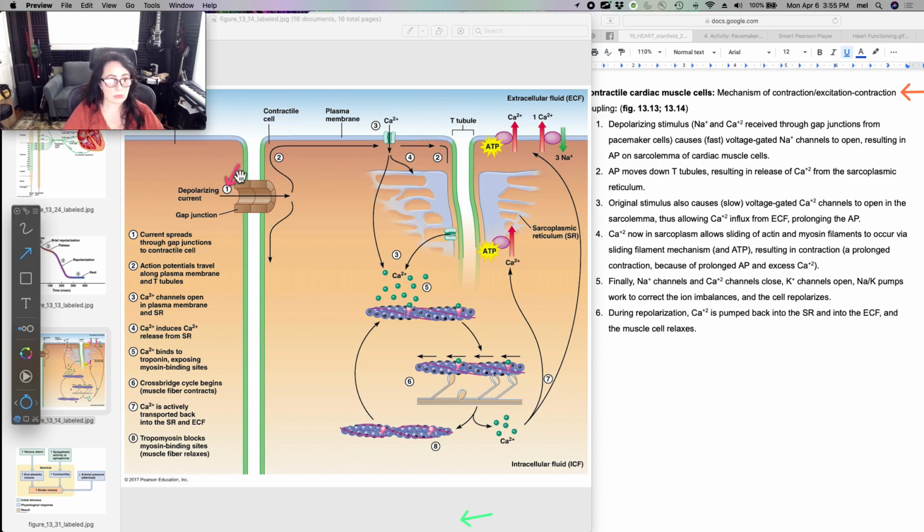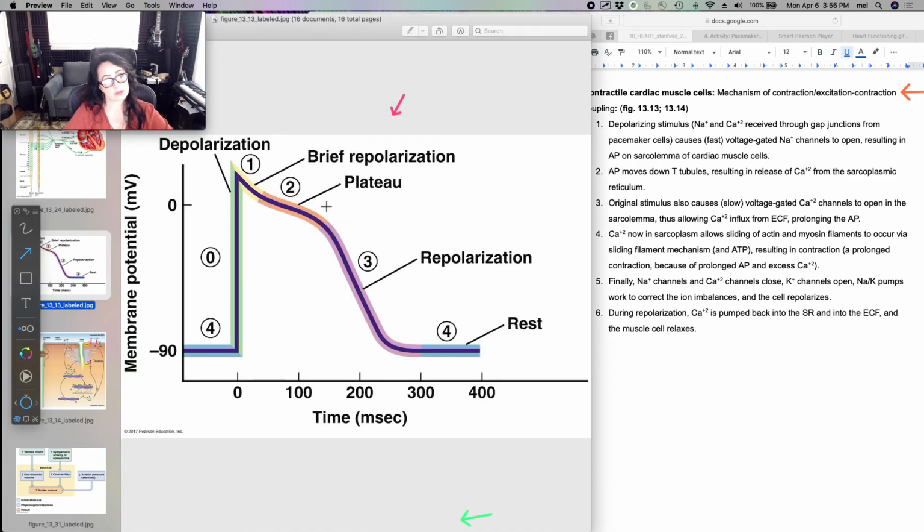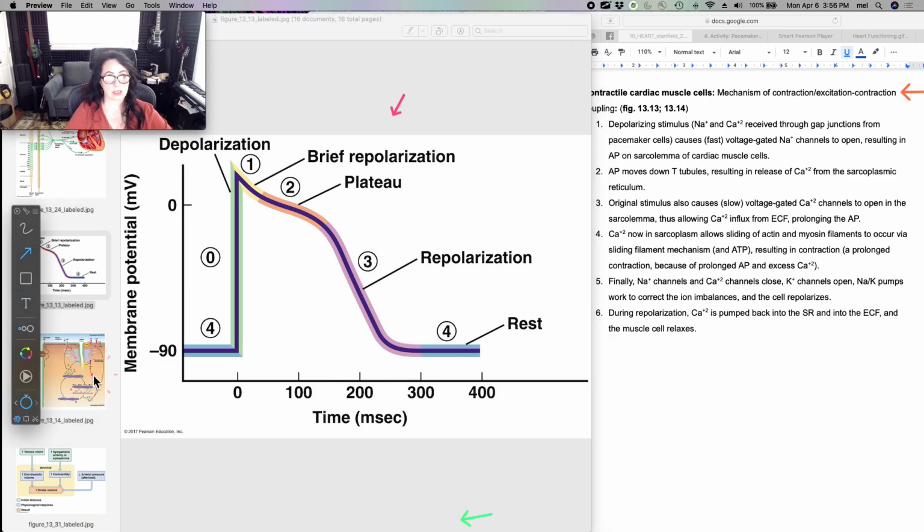And then 2, the action potential gets started if you hit threshold, and it's going to go down the sarcolemma, and it's also going to go down the T-tubules. But as it goes by the voltage-gated calcium channel, it's going to cause that to open. And when that occurs, you get that plateau that allows you to have a longer, stronger action potential and more calcium.